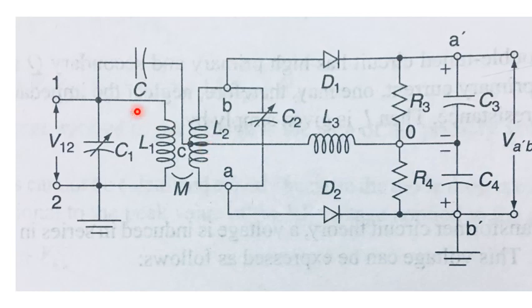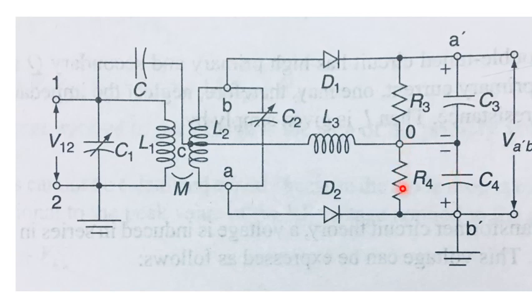Now, if we consider the circuit arm C, L3 and C4, then since R4 is very high, the current passing through this circuit arm will not go through R4 because its value is very high and it will proceed towards C4 only.